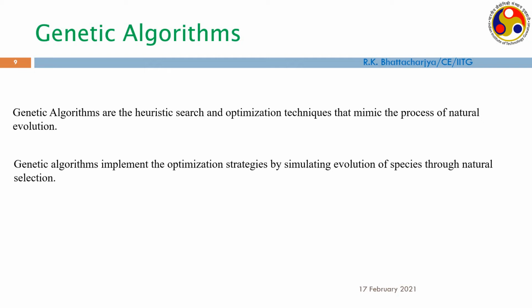We are trying to mimic what is happening in nature artificially for solving an optimization problem. Genetic algorithms implement optimization strategies by simulating the evolution of species through natural selection. So we are trying to simulate the evolution process artificially for solving an optimization problem.